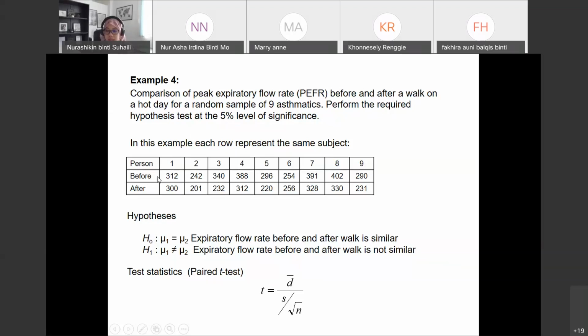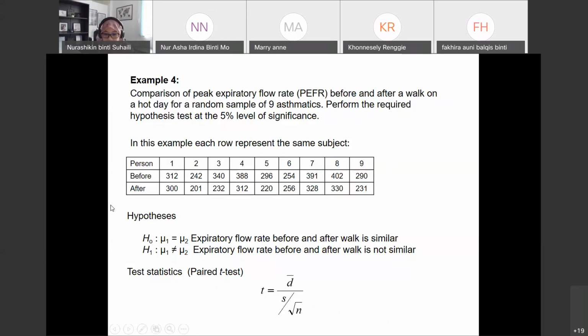The moment you see data involving before and after measurement, you should know that the samples are matched, and it falls under the category of matched or dependent samples under unknown standard deviation of the population. So you want to check whether the data before is different from the data after.